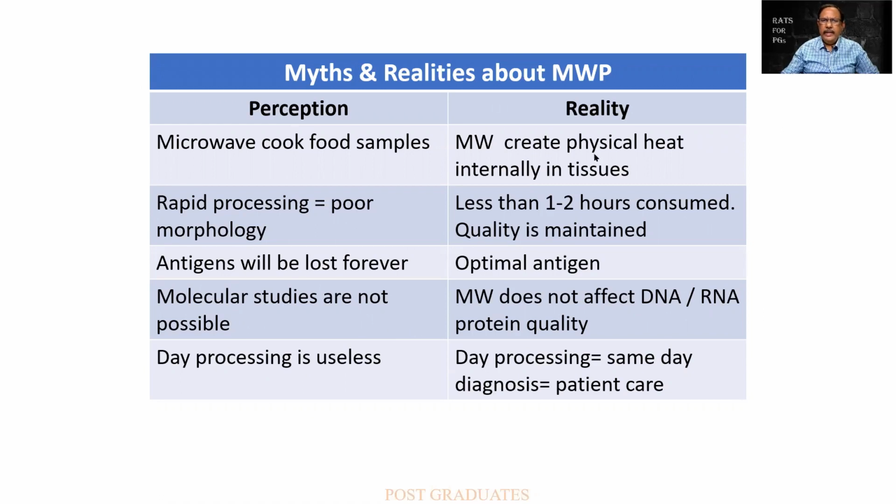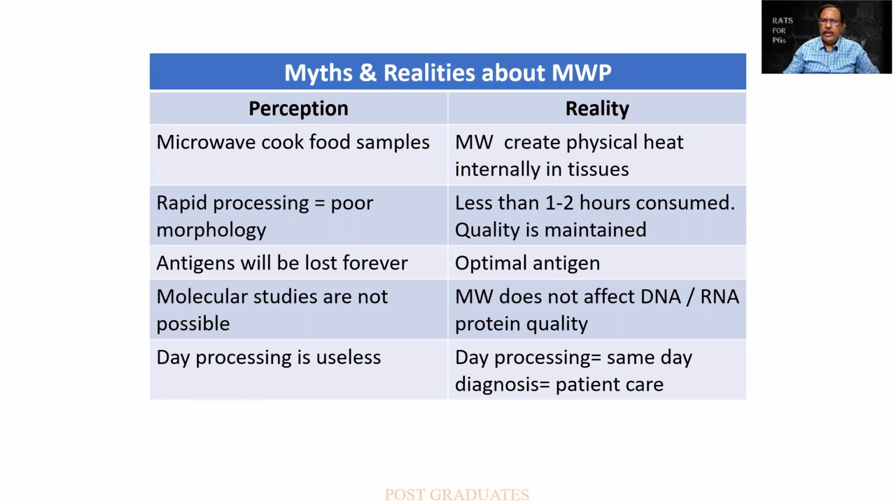Whereas in reality, the heat is from within and it is dissipated to the tissues. Therefore, the entire morphology is well maintained. It consumes less than 1 to 2 hours of time. Some amount of antigens will be lost, but then important antigens, optimal antigens can be retrieved.